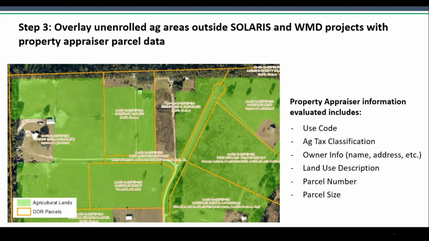We perform an identity function between the unenrolled agricultural lands from the previous steps and the DOR parcel data. And the output is the unenrolled agricultural lands segmented by the parcel geometry. So the data contains both the agricultural land use information and the parcel information. We do data cleanup during this step, including removing identical parcels.